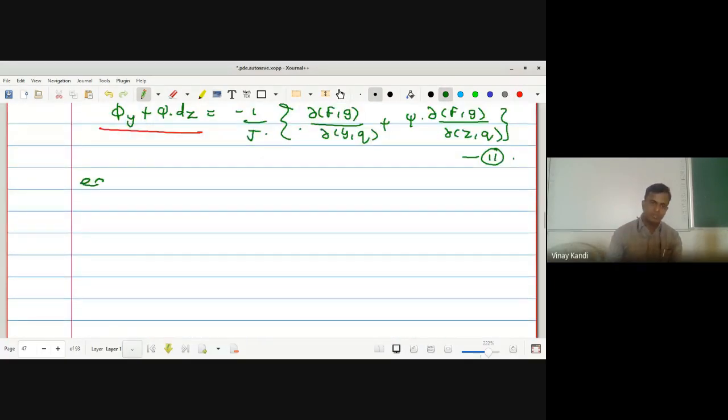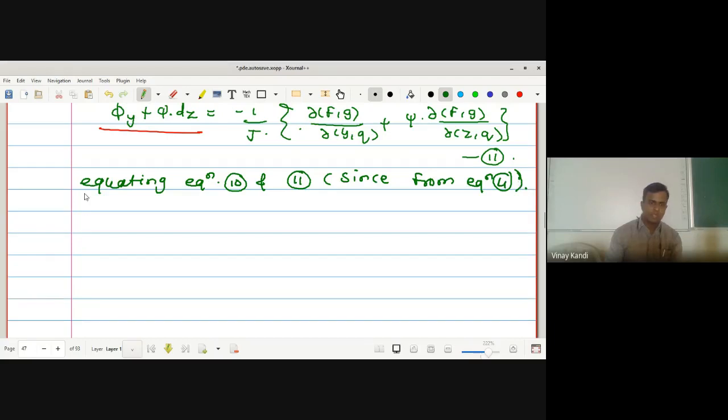Therefore, now equating equation 10 and 11. Why?